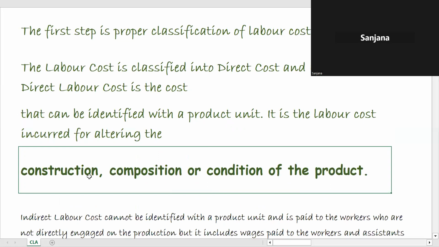यानी प्रोडक्ट को जो हम मैन्युफैक्चर कर रहे हैं, मैन्युफैक्चरिंग के दौरान जो चेंज हो रहा है, जो फिनिश्ड प्रोडक्ट बन रहा है, for converting the raw material to finished product, any expense which is used directly, for example, direct material is something which you can see in that finished product, okay. अब scooter है, scooter is being manufactured, then the engine of the scooter, the body of the scooter, you can see in the scooter, right.